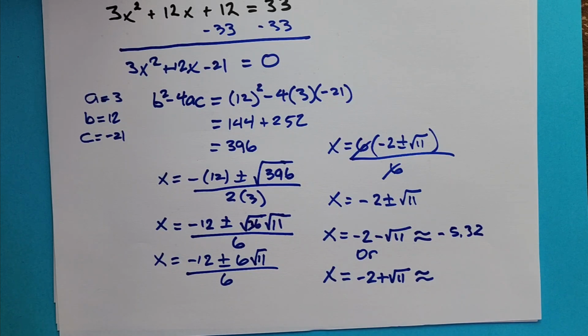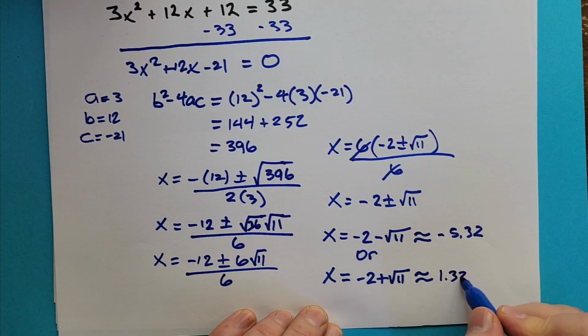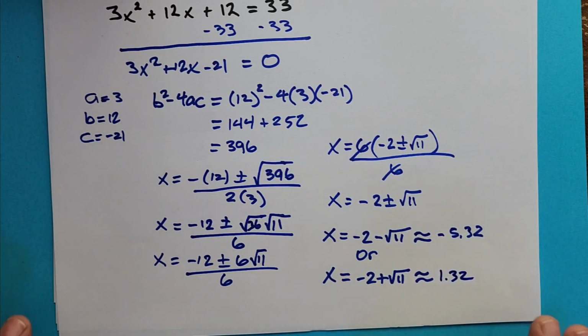So it's looking good. The other one is a lot easier to calculate because it doesn't have the negative sign in front of the radical. So we just take the square root of 11, get about 3.316, and then minus the 2 from that. And there's the other root. And if we round it to the hundredths place, it's 1.32, or roughly 1 32/100ths.